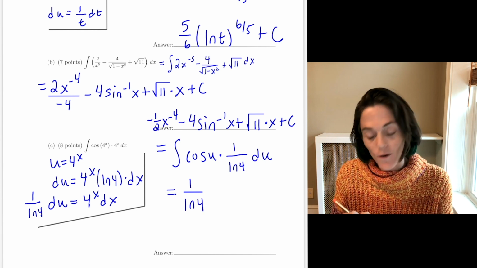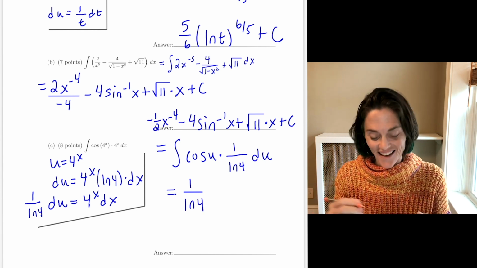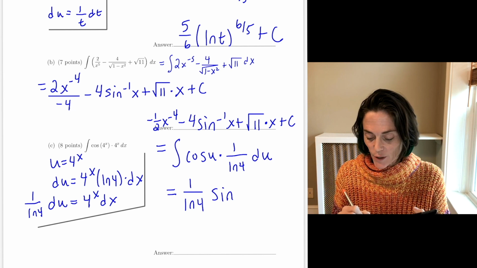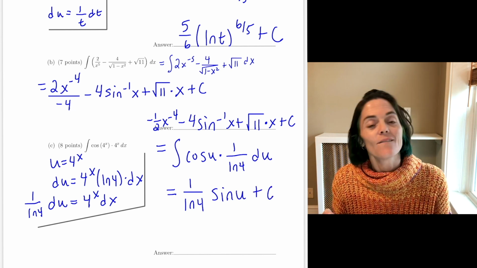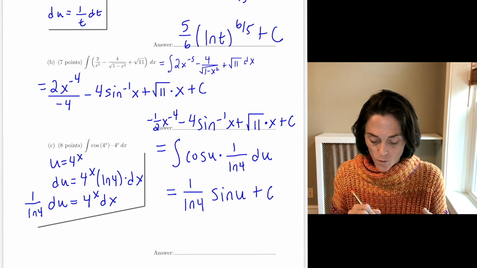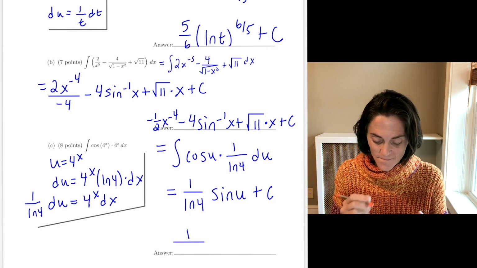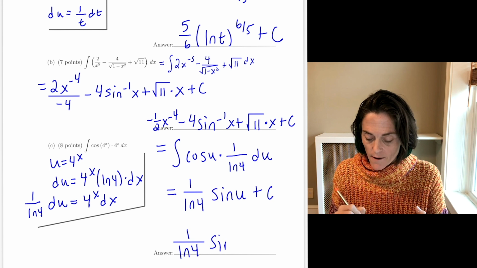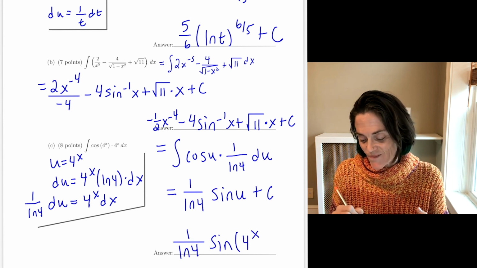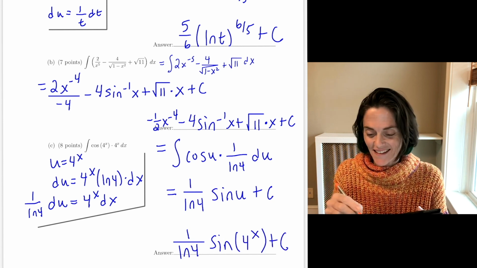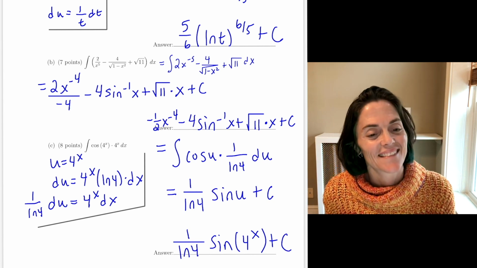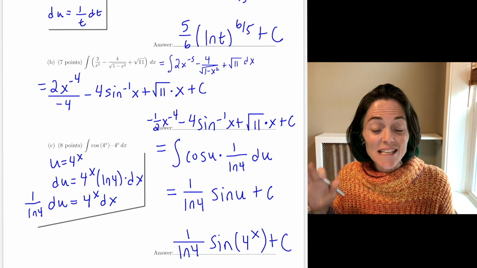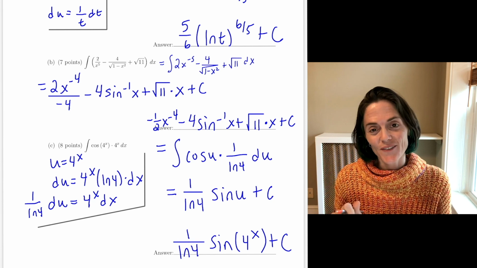When we integrate cosine, we get positive sine. Sine u plus c. Finally, we go back to x. So this is 1 over ln 4 times the sine of 4 to the x plus c. This was substitution. Super fun.